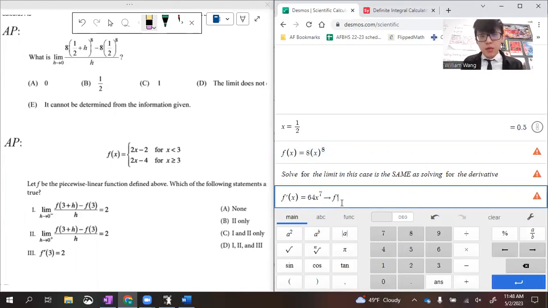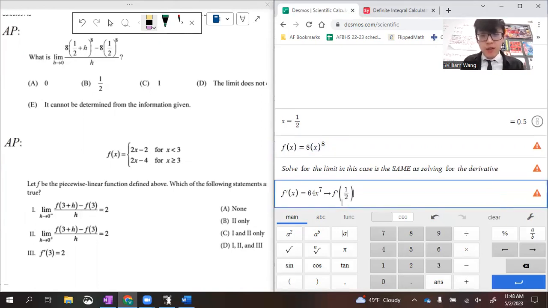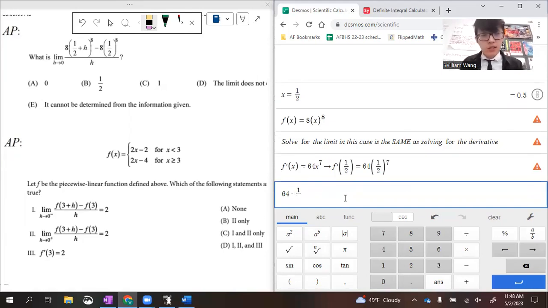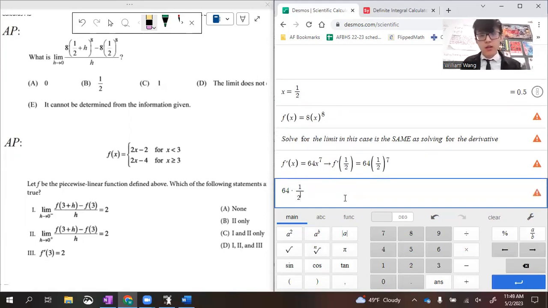Then I plug in 1/2, so f prime of 1/2 is equal to 64 times 1/2 to the 7th. Hopefully we'd be decent-ish with mental math. You could obviously put this into a calculator, but if this isn't a calculator problem, you need to know 64 times 1/2 to the 7th.